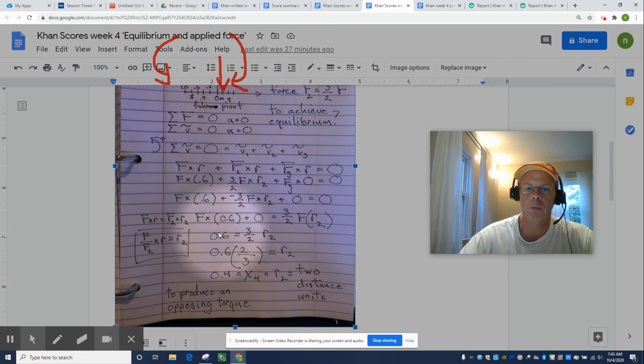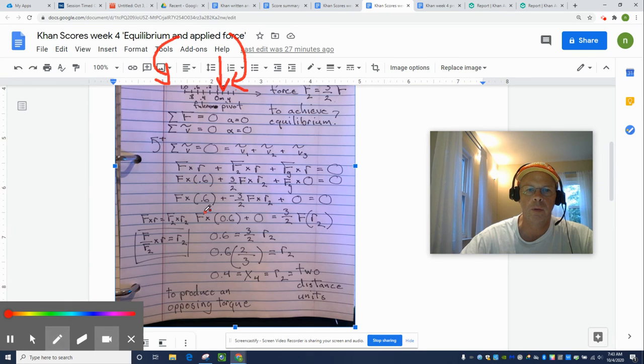But on the right-hand side, what I did was throw in my numerical assumptions. So the sort of algebraic miracle right here is F on the left, F on the right. If you divide both sides by F, it cancels out. F divided by F is 1. So that's what's going on right here.